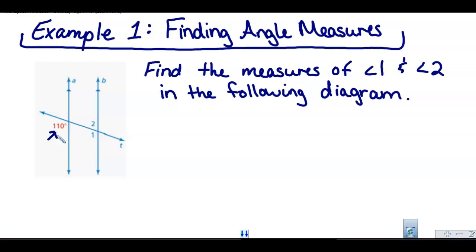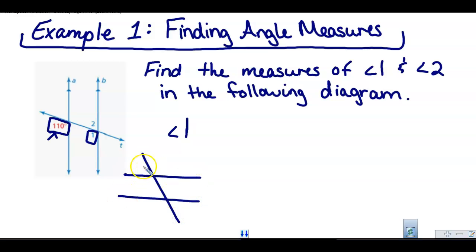So if we were wanting to find angle 1 first, let's take a look at what kind of relationship we can see between angle 1 and our given angle, 110 degrees. You can picture this diagram up and down, or you can turn it to the side, and hopefully you'll be able to see we have an angle that's in the same location, but a different intersection from each other.